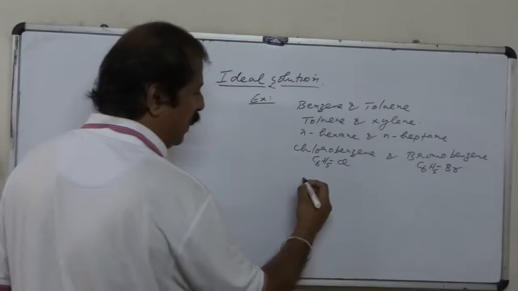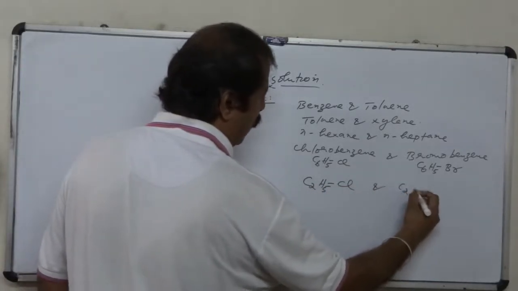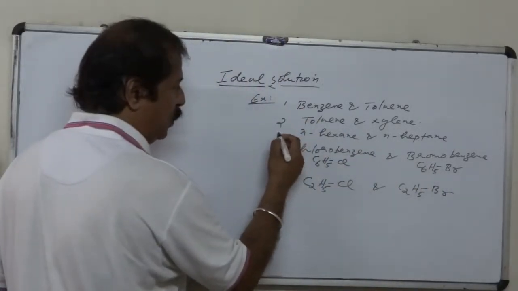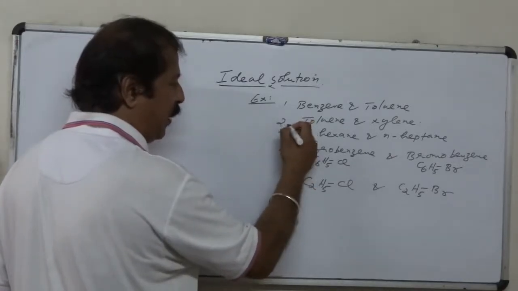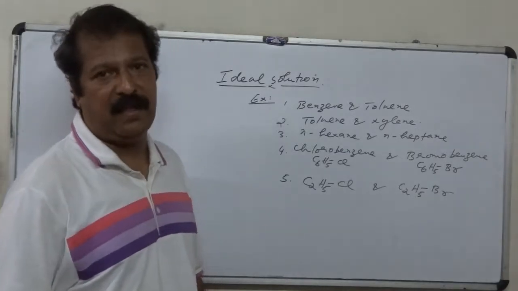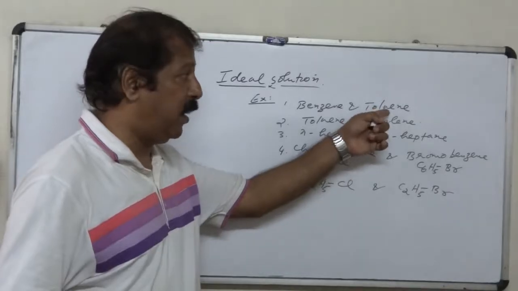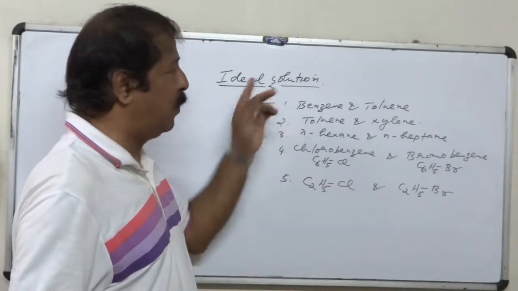Then you have ethyl chloride C2H5Cl and ethyl bromide C2H5Br. So these are the 5 examples for ideal solution and they are very close to ideal behavior. In these cases you can take benzene as A, toluene as B, or you can take toluene as A and benzene as B.